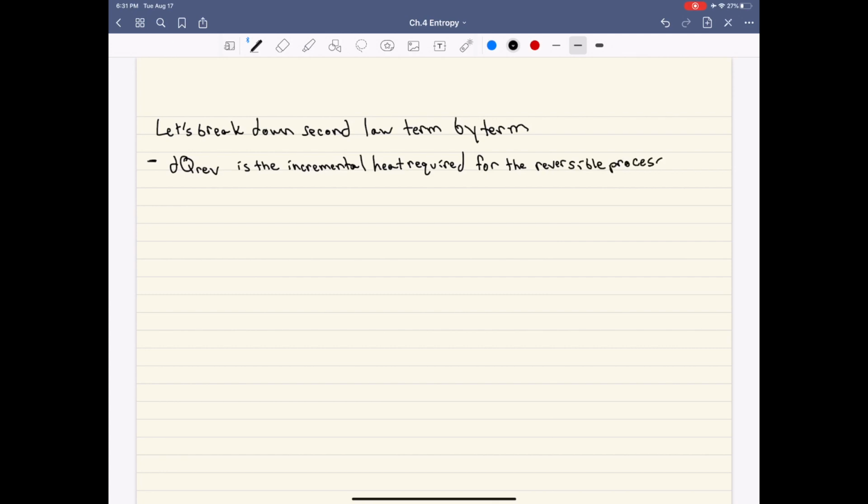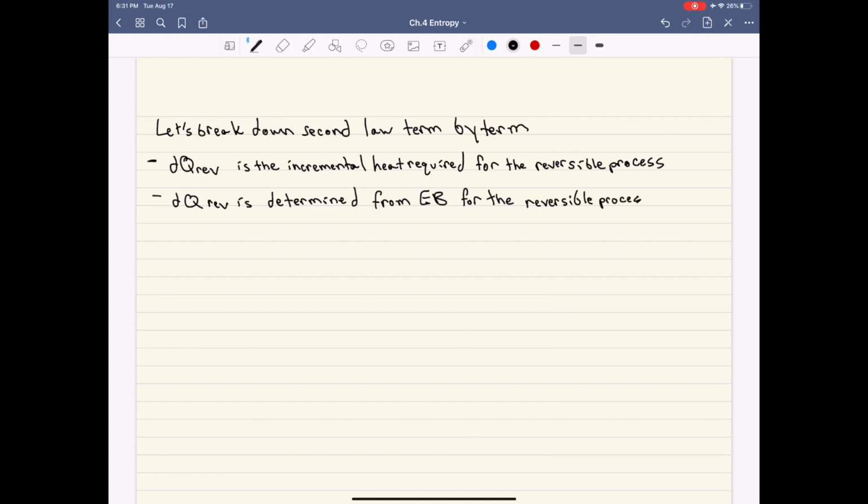Okay? Right? And the way we determine dq rev is from the energy balance on our system, specifically for that reversible process. Okay?